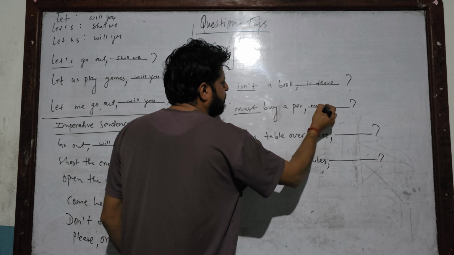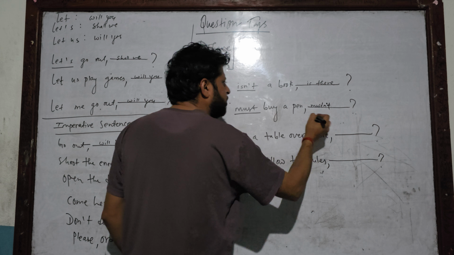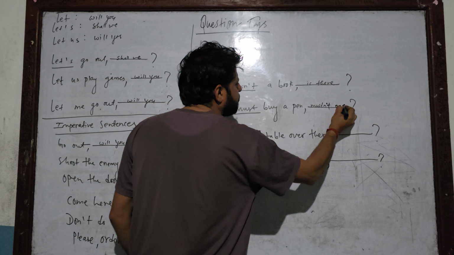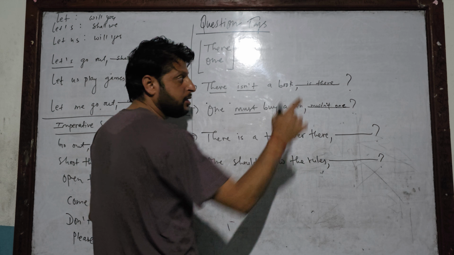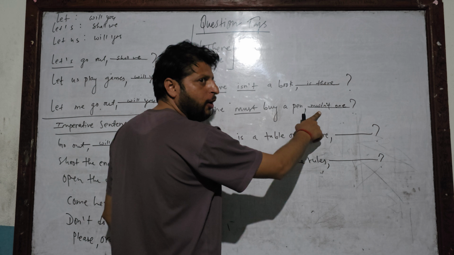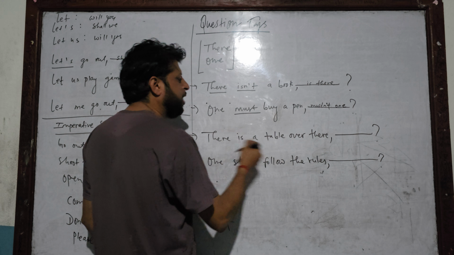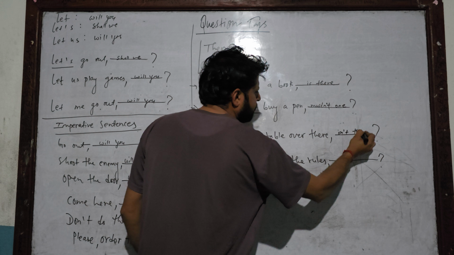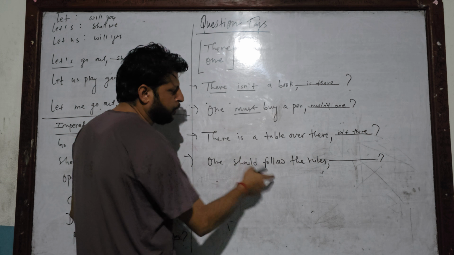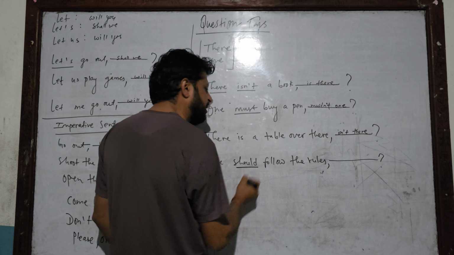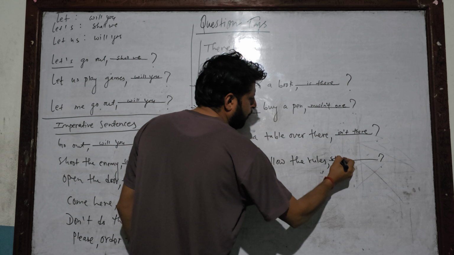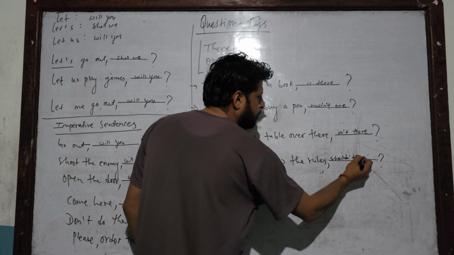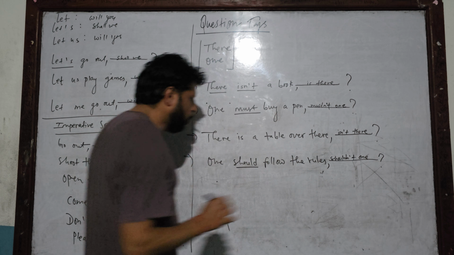Must. Mustn't, one. Remember, tags must be written in small letters. There is a table over there. Isn't there? One should follow the rules. What do you write here? What is the auxiliary verb? Should. So, shouldn't one. Hope you got it.